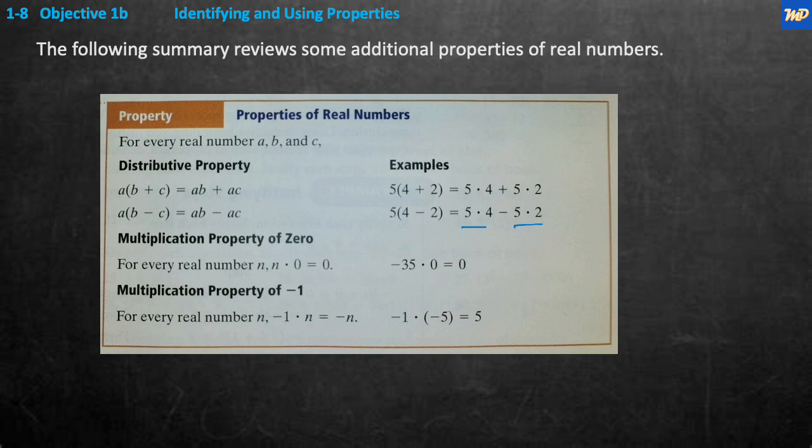For every real number n, negative 1 times n is equal to negative n. Negative 1 times the quantity negative 5 is equal to 5. Negative 1 times negative 5 is positive. So it'd be positive 5.